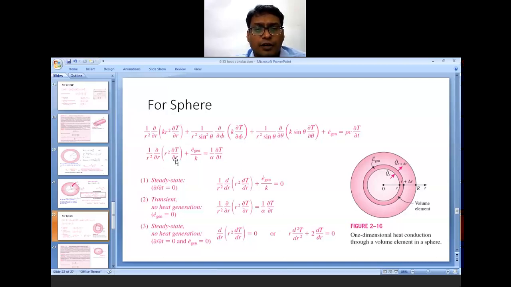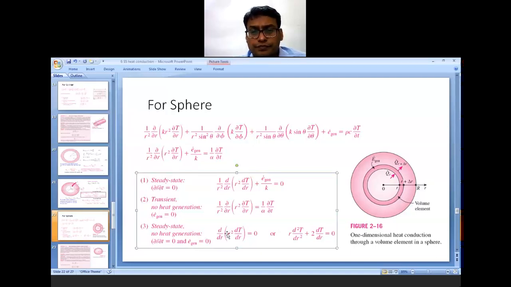So only the r direction term will be there. For steady state, dT upon dt will go to 0. For no heat generation, the generation term will go to 0. So both the generation and steady state terms will go to 0, and only the r direction term will remain.